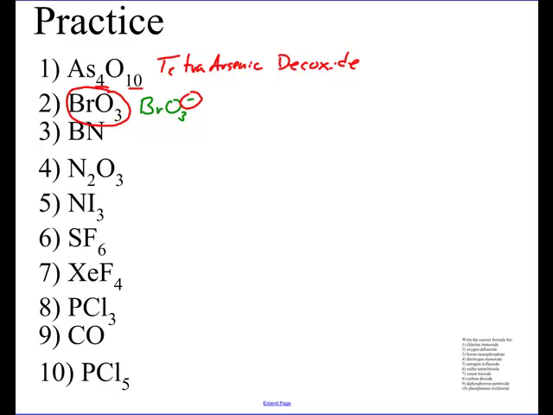All right? So since it's not a polyatomic ion, we're just going to write it out. This is bromine. Bromine. Tri. Boy, I'm stumbling a little bit on this one. Trioxide.